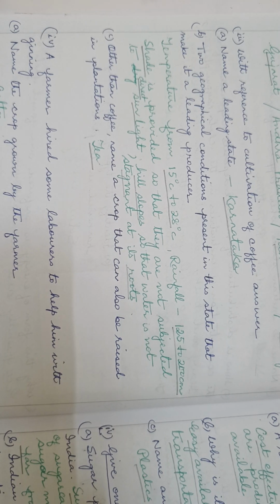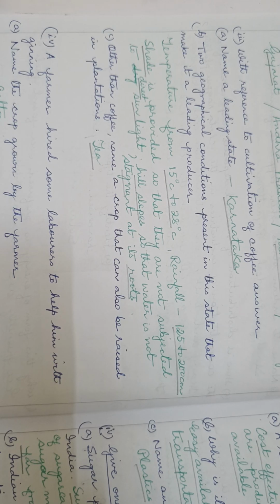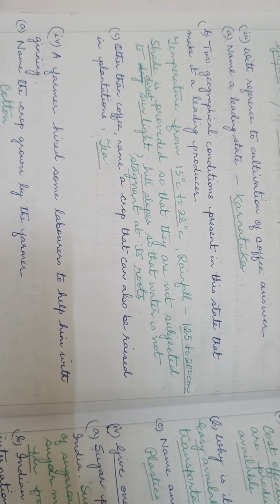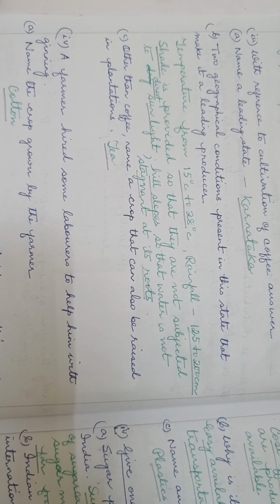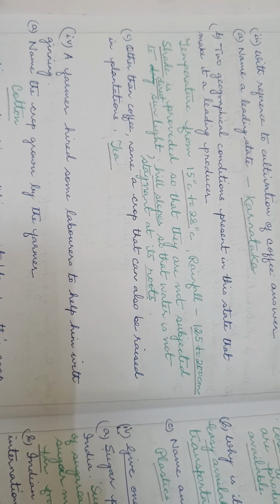Rainfall 125 to 200 centimeters. Shade is provided so that they are not subjected to direct sunlight. Hill slopes so that water is not stagnant at its root. Now, other than coffee, another plantation crop that is raised in India is tea.